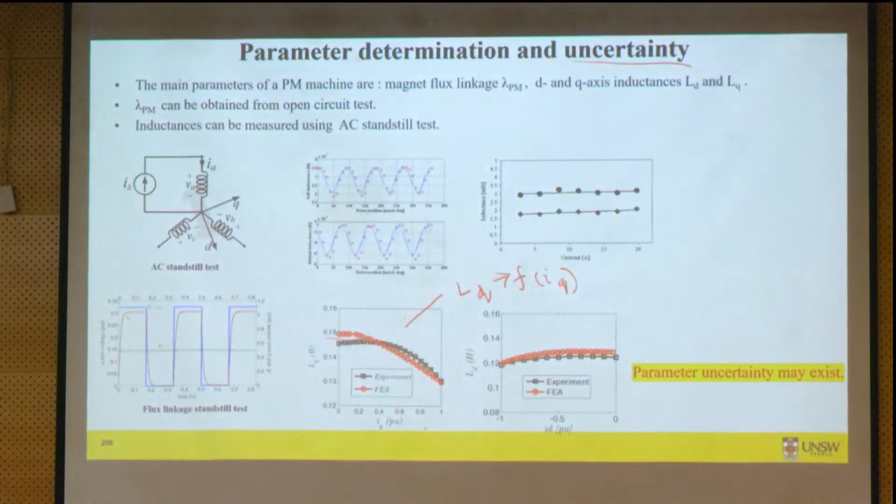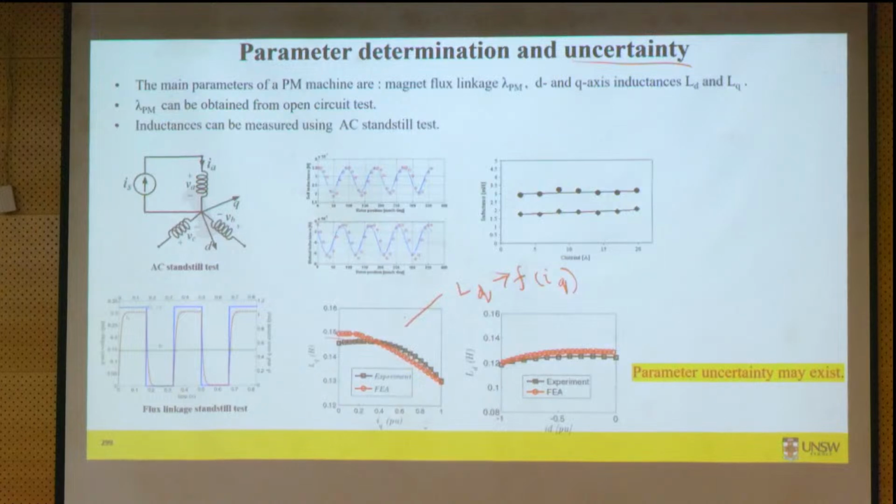There are various methods to estimate all 4 parameters online, and that's again a very active research area: how to estimate those 4 parameters accurately online while using them to estimate the flux, torque, etc. in your control. Even in FOC you may need to estimate the parameters more accurately online.